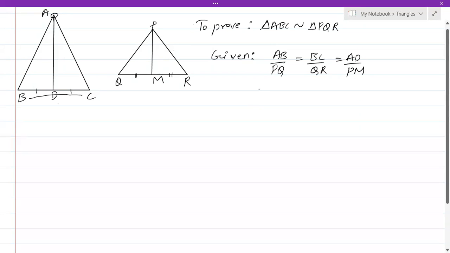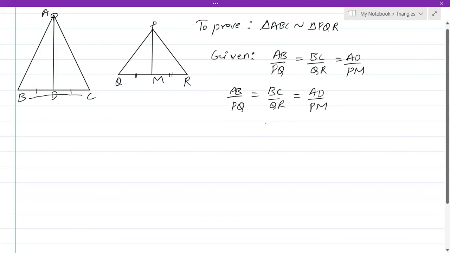Okay. So let's continue. So from the given data, we have to prove that triangle ABC is similar to triangle PQR. Let me take the given thing itself. AB by PQ, BC by QR, which is equal to AD by PM.